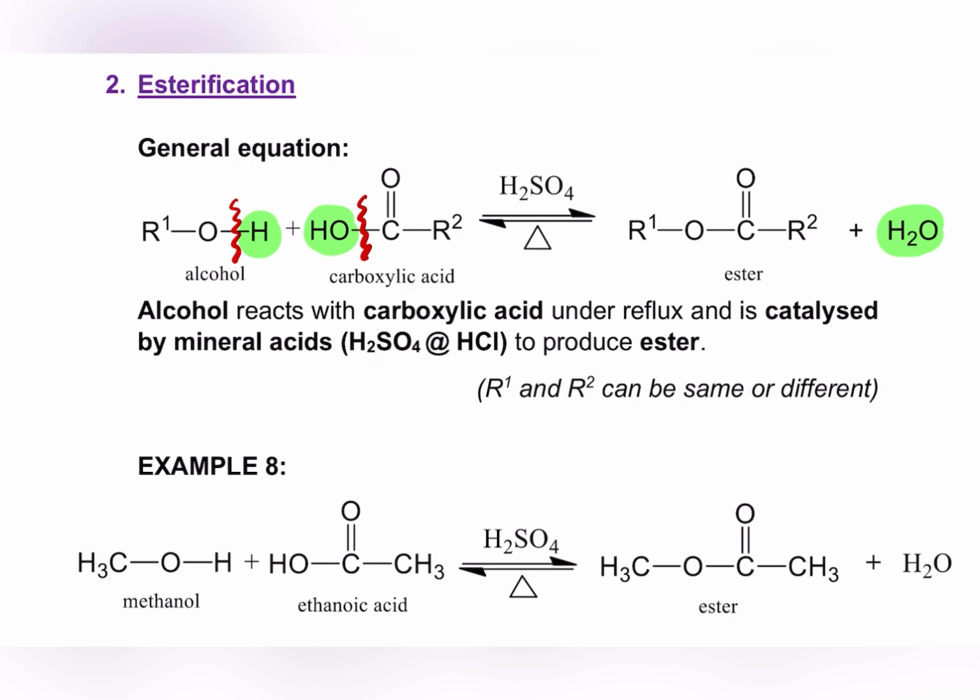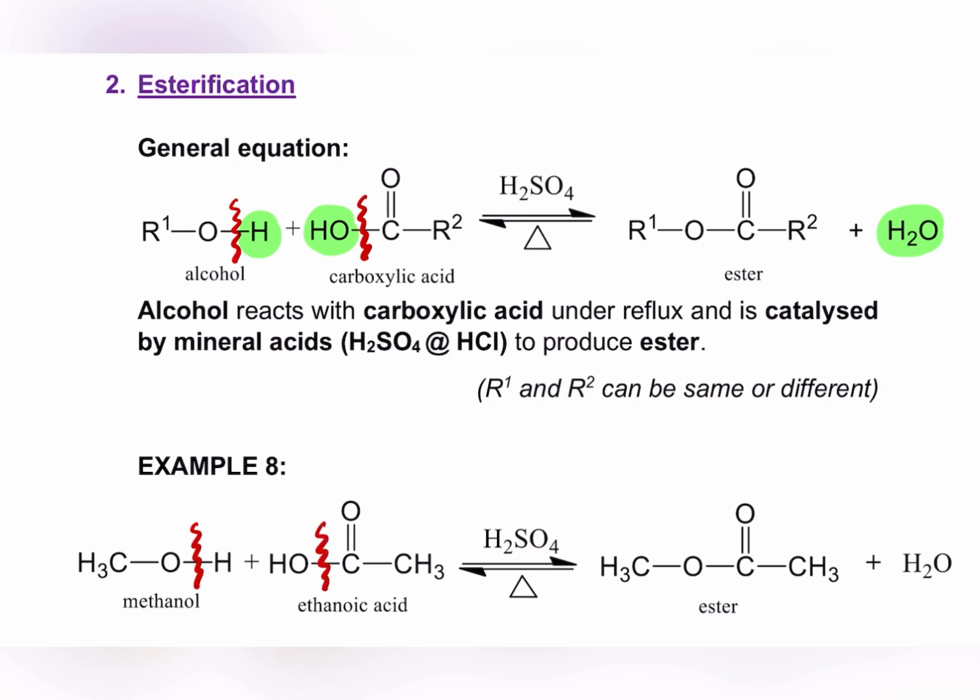Your alkyl groups R1 and R2 can be the same or different, but make sure you can identify which one is alcohol, which one is carboxylic acid. For example, I got methanol. For methanol, the bond cleavage will happen here between O and H atom, and for ethanoic acid, it will happen here.